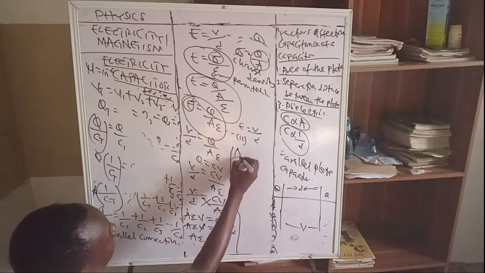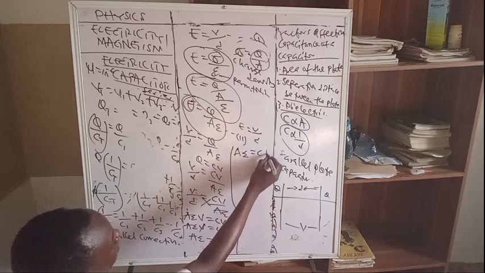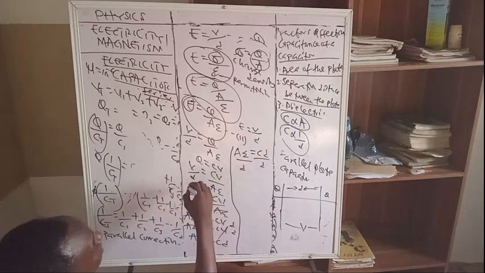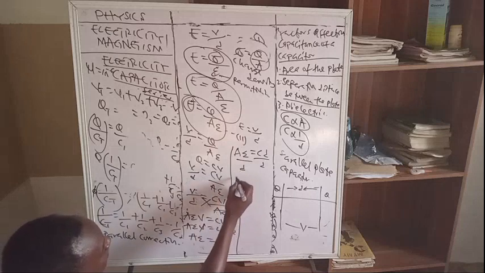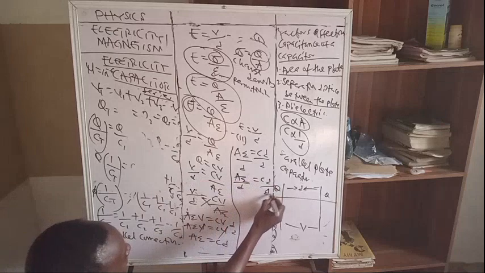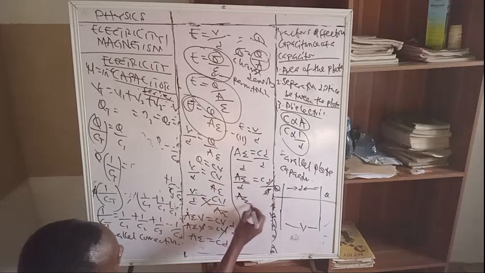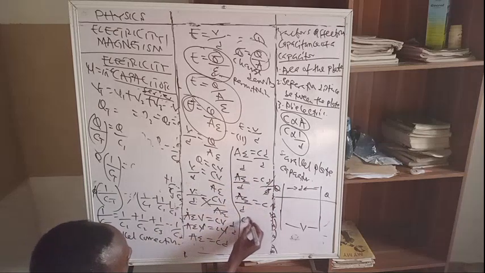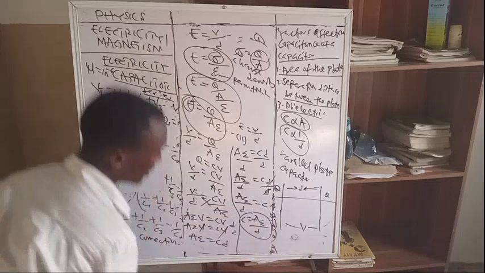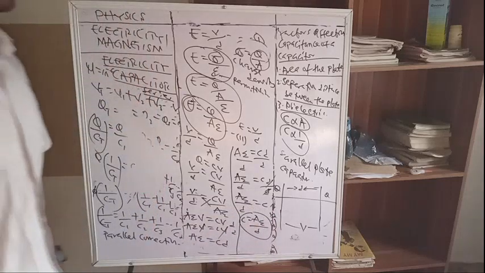Epsilon is permittivity, then divide by D over D. So you have A Epsilon over D is equal to CD over D. This one has cancelled. Then A Epsilon over D is equal to C, or C is equal to A Epsilon over D. This is the capacitance in terms of the area, the permittivity, and the distance apart.